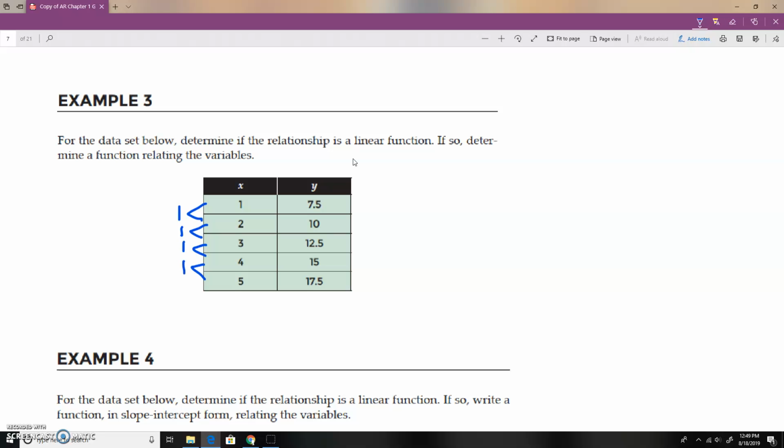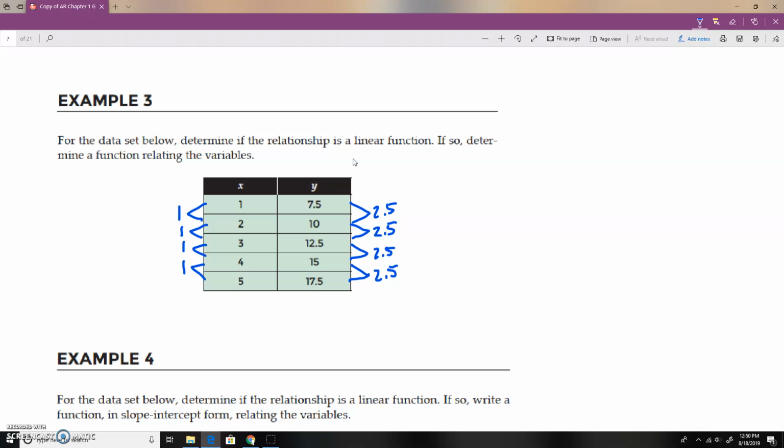We're going up by 1. And then we look at our change in y. We want to make sure it's the same each time. So 10 minus 7.5 is 2.5. 12.5 minus 10 is 2.5. 15 minus 12.5 is 2.5. And 17.5 minus 15 is 2.5. Okay?